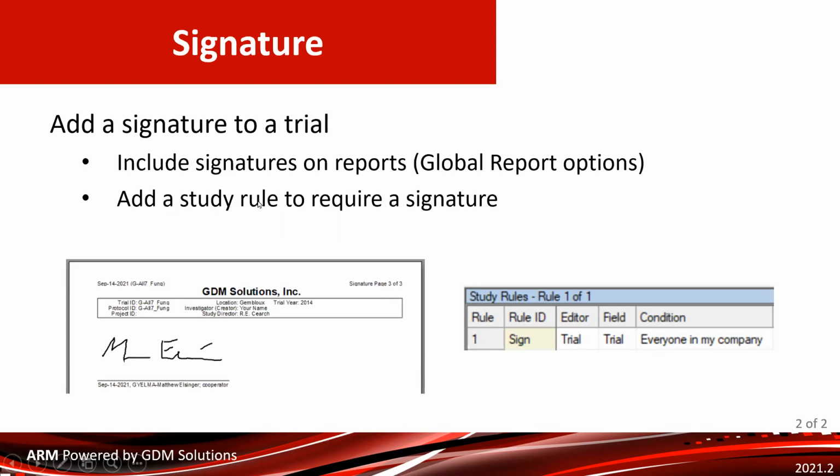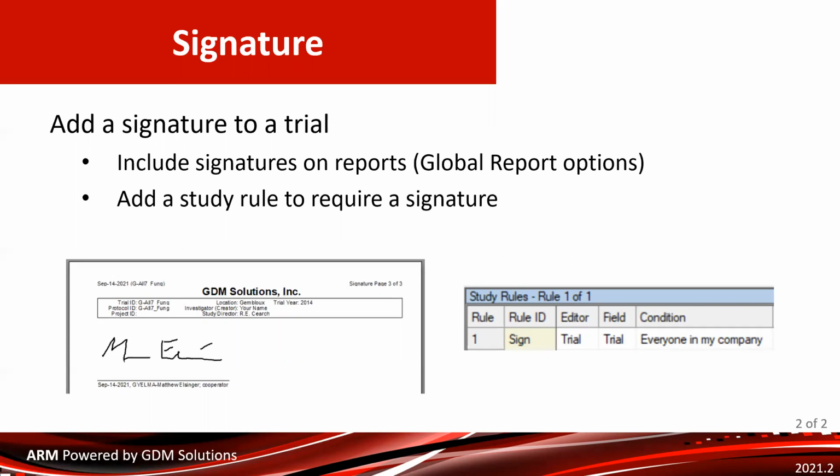And then there is also a study rule to require a signature. So I think that kind of answers the question about marking as final until somebody has signed off on it. This would be the way to do that. You can require a signature, and so that way you would just mark the condition would be everyone in the company.